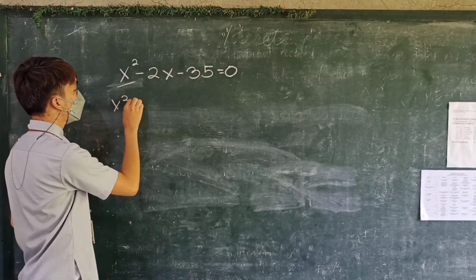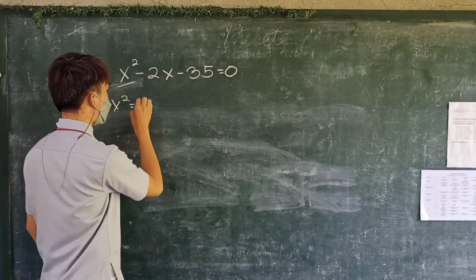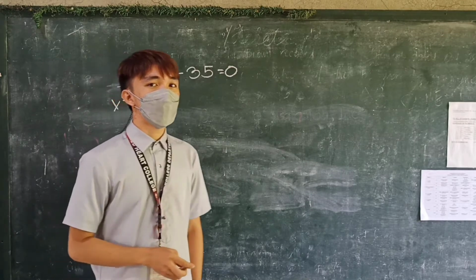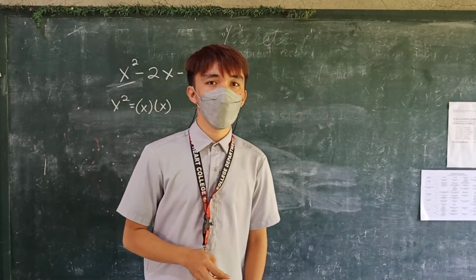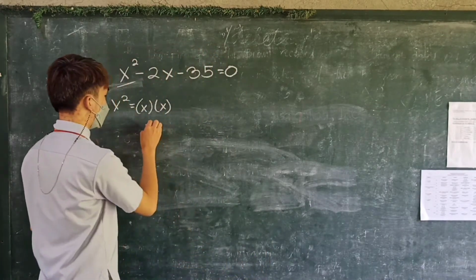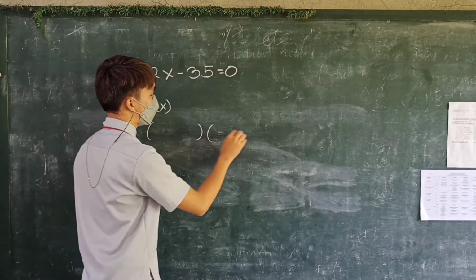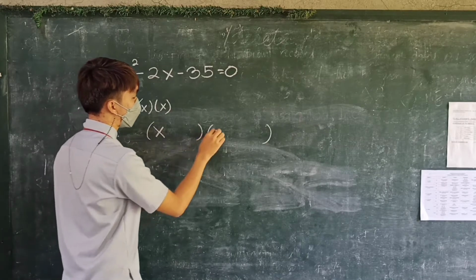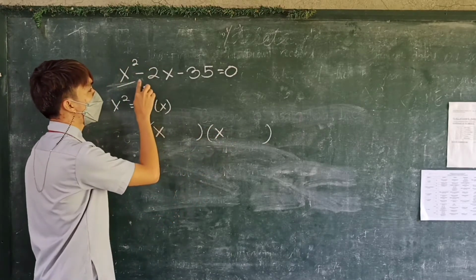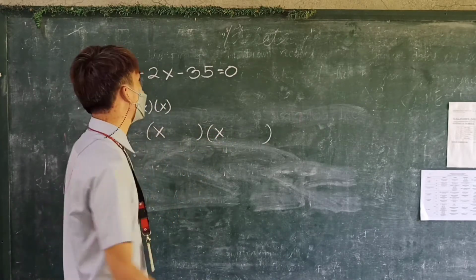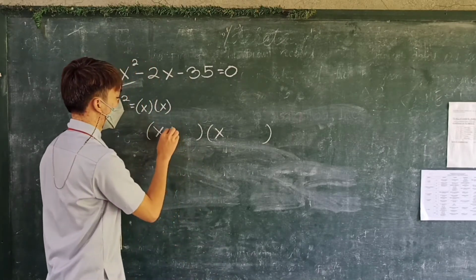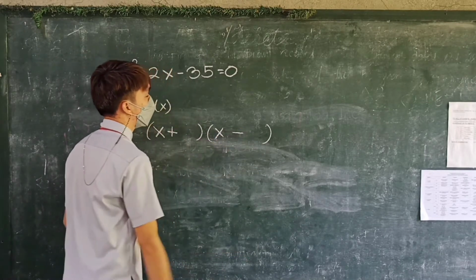The factors of x squared are x and x, since x times x equals x squared. So let's make two pairs of parentheses here, with x and x. Since the signs of the given quadratic equation are both negative, we are going to use positive, then negative.